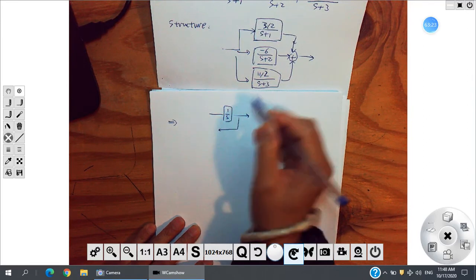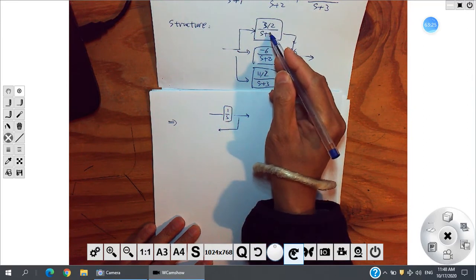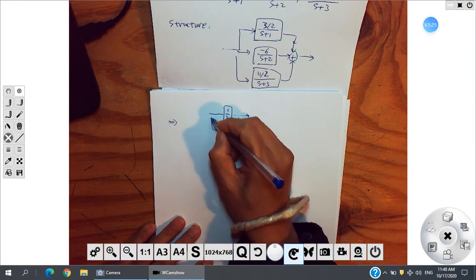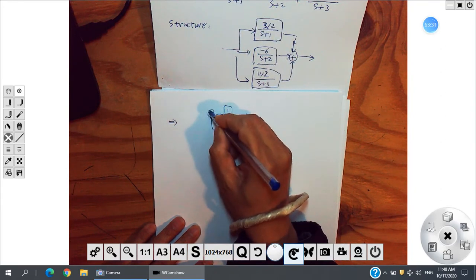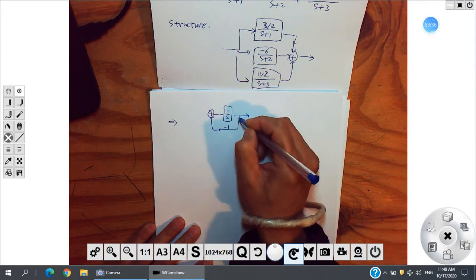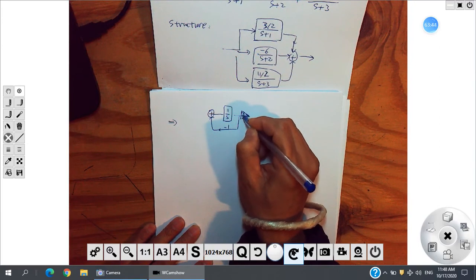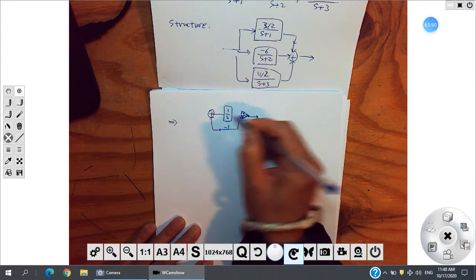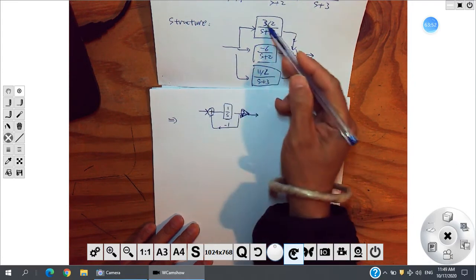This should be divided by S. It's 1 over S, so this is just -1. So it's 1 loop. This is the denominator. For the numerator you need 3 over 2. So you put 3 over 2 here. It's clear? 3 over 2 here. Okay, so this is this part.